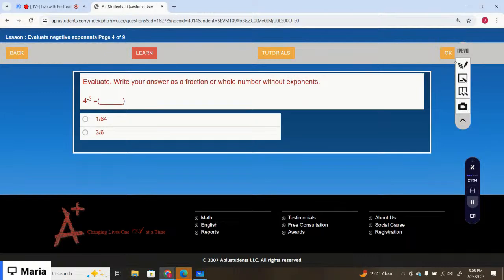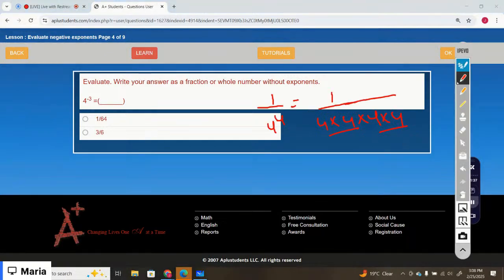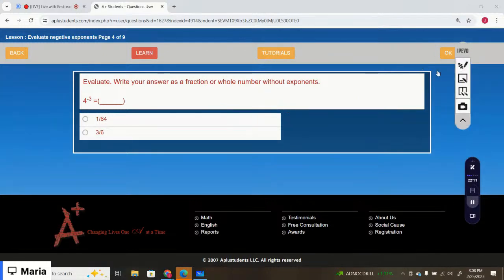The first thing you have to do is make the exponent positive. That is 4 times 4 times 4. That is 1 over 64. Option number 1 is the correct option.